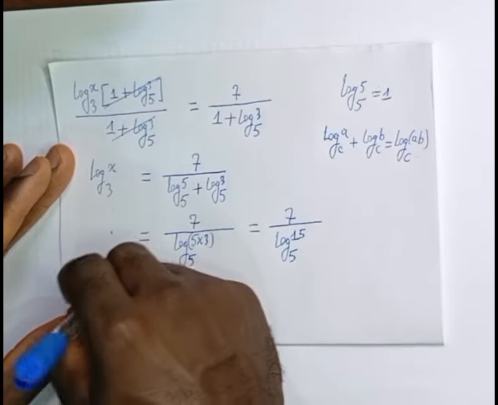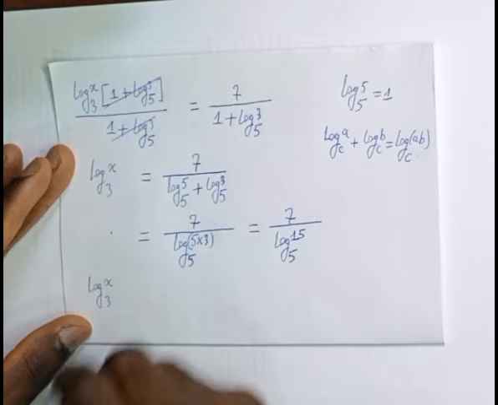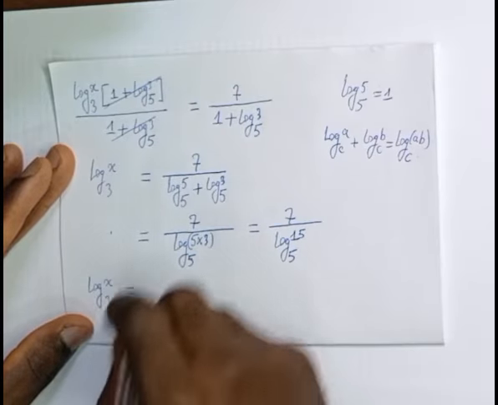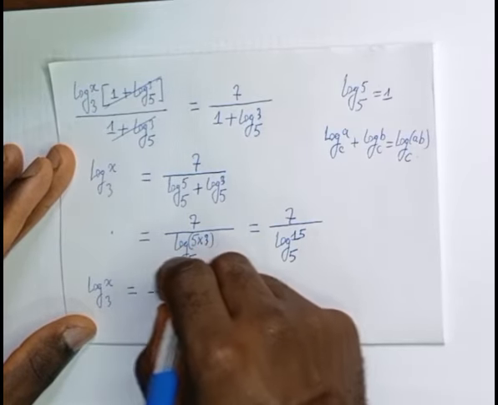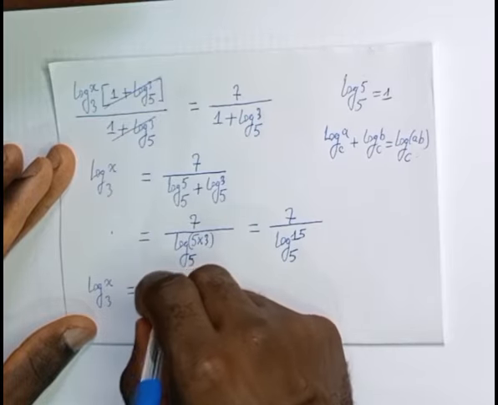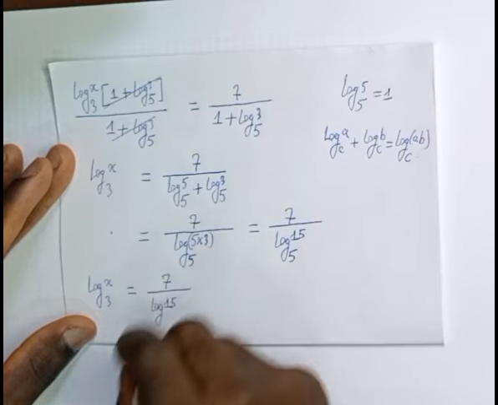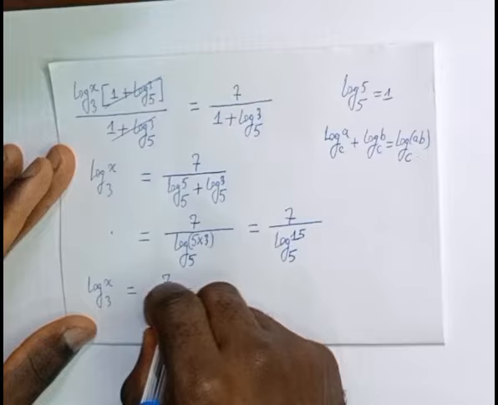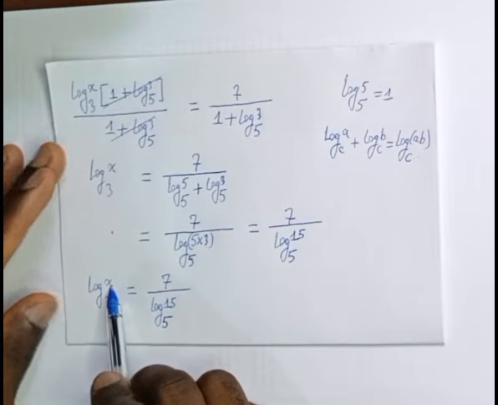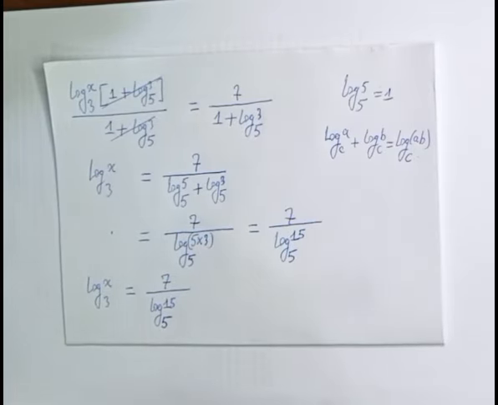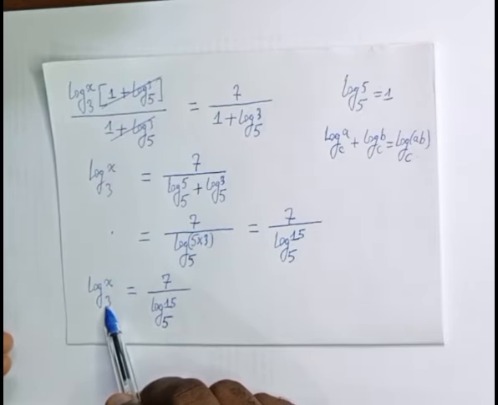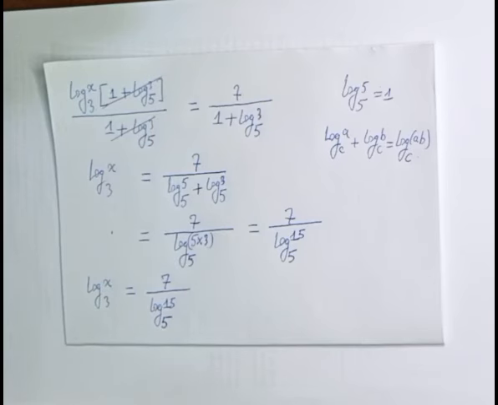It simply means the log of x base 3 is equal to 7 all over the log of 15 base 5. We are to solve for x. For us to get the value of x, we are simply going to change from logarithmic form to index form.